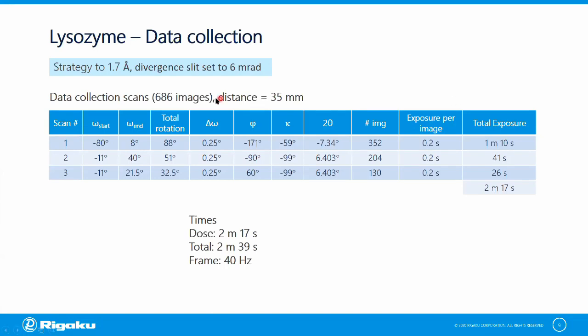The data were collected with 686 images total over 3 different scans. I would just point you to the fact that the total exposure time for this data collection was just over 2 minutes. If you're interested, this data set easily solves by sulfur SAD phasing, although we're not going to cover that during this webinar.